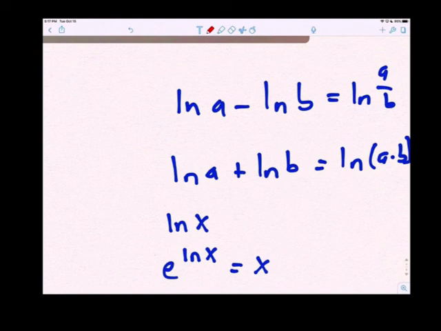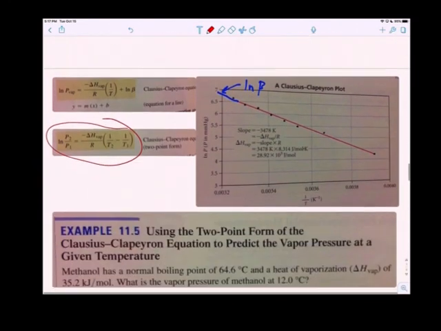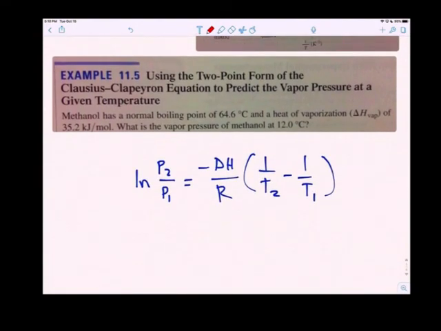Natural log of A minus natural log of B is the natural log of A divided by B. Natural log of A plus natural log of B is the natural log of A times B. And also e to the natural log of anything gives the original variable back out. So that is that equation there. So let's apply that then to this equation.